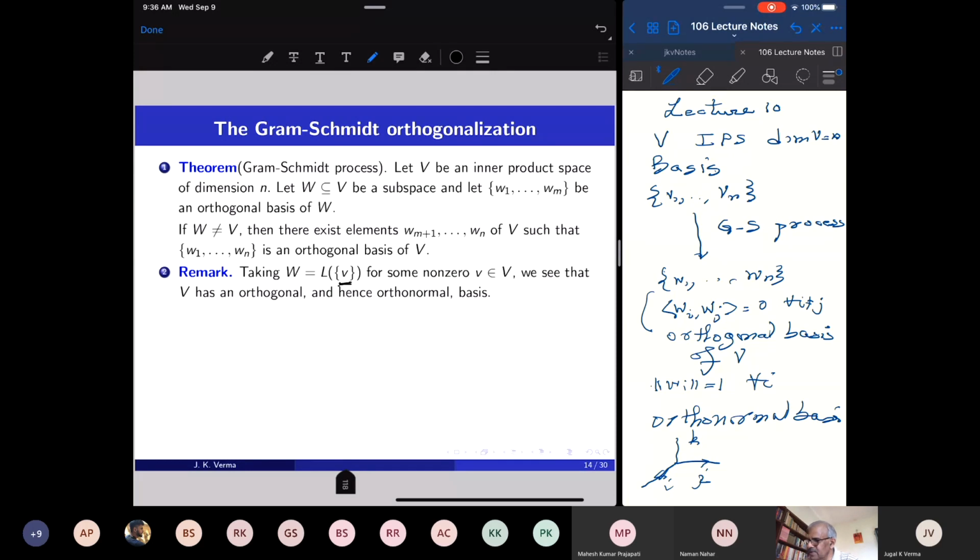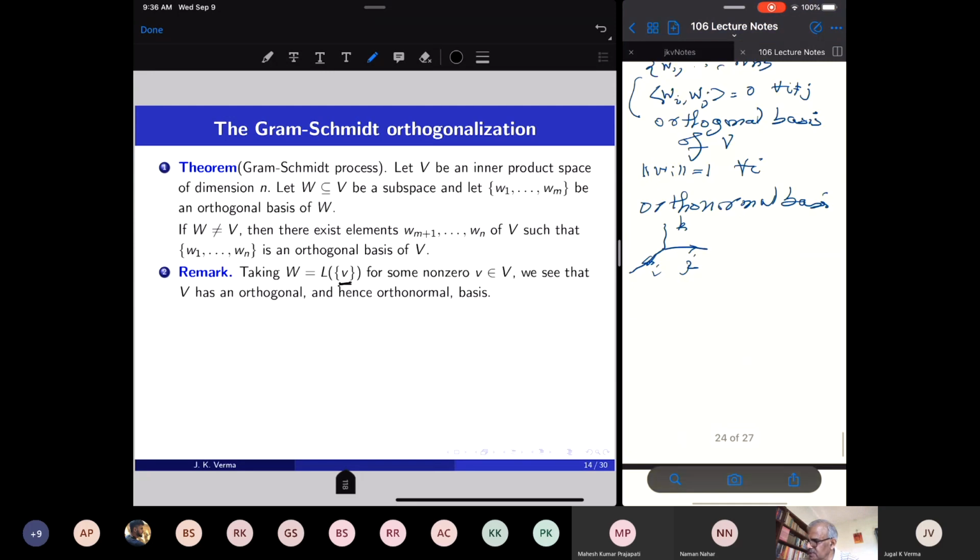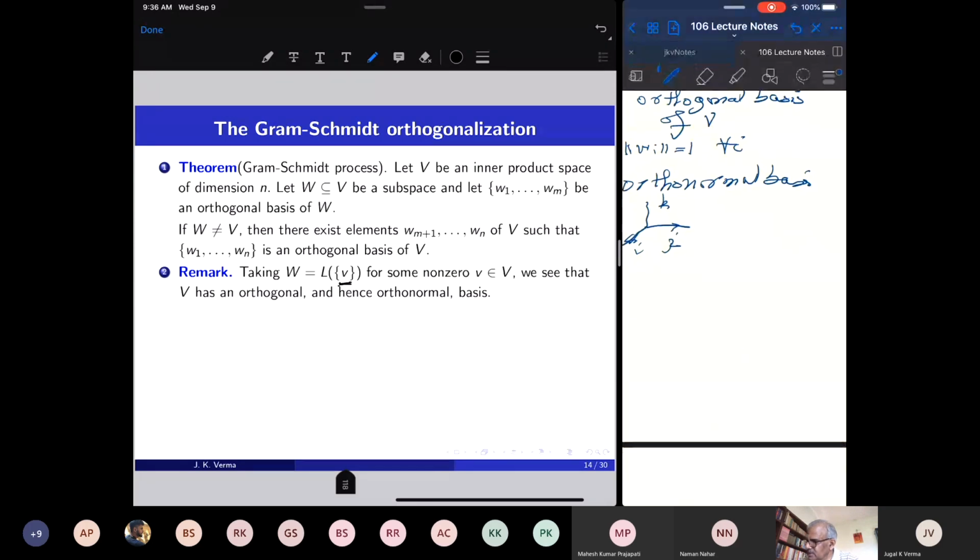What does it say in three-dimensional space? It says that I can start with any vector, and then I can enlarge this vector to a set of three vectors so that they are mutually perpendicular.